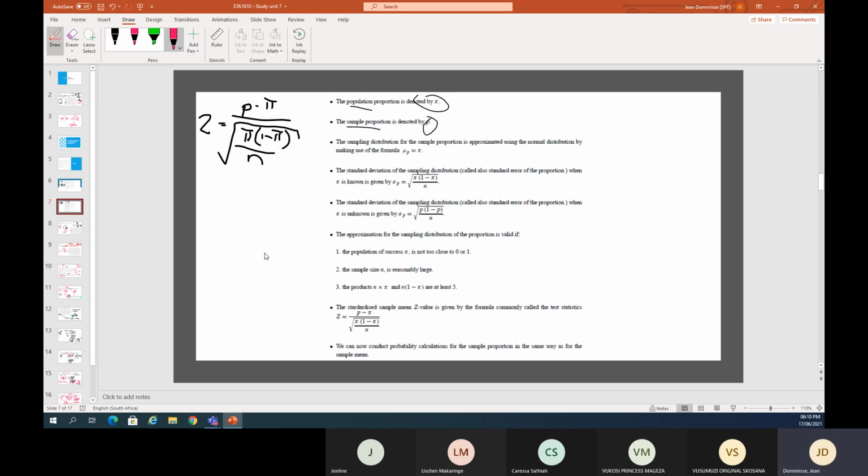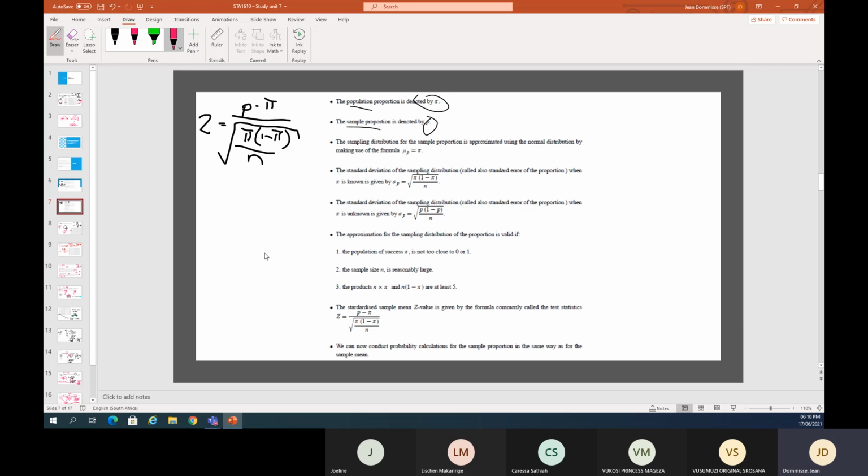Study unit 8, we will expand on this to look at confidence intervals around the mean, and we will look at the confidence intervals around the proportions as well. But that is in study unit 8.